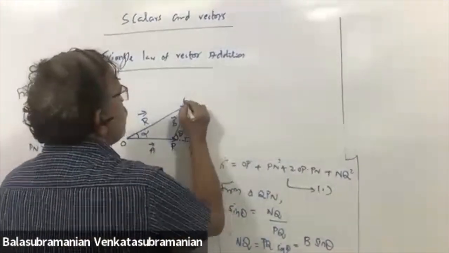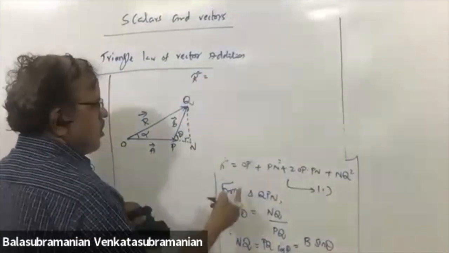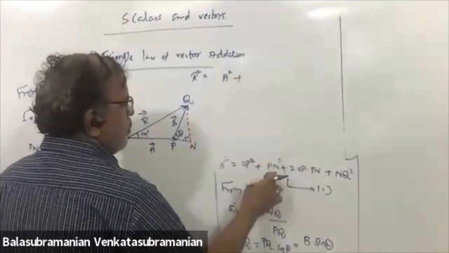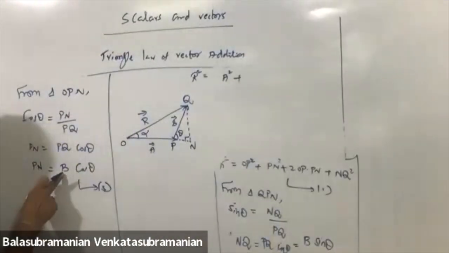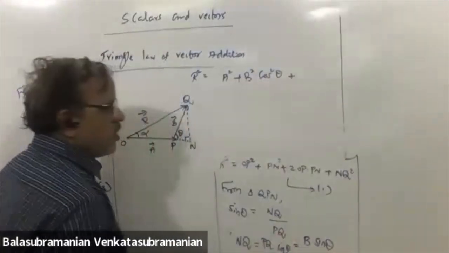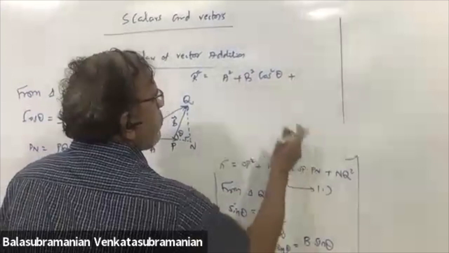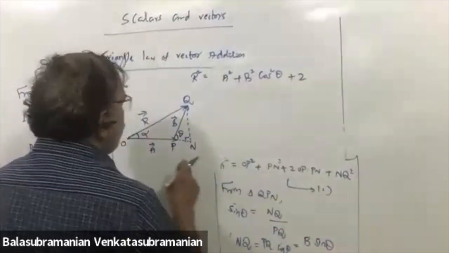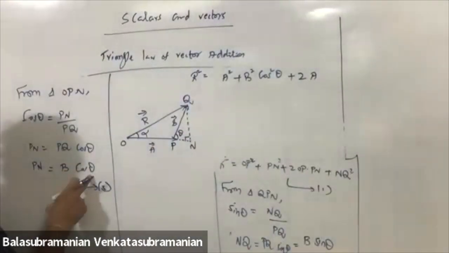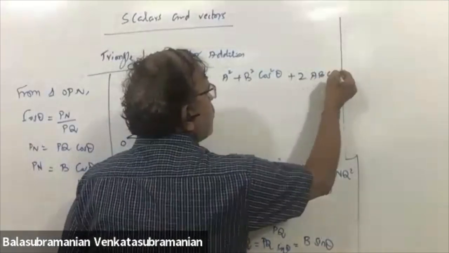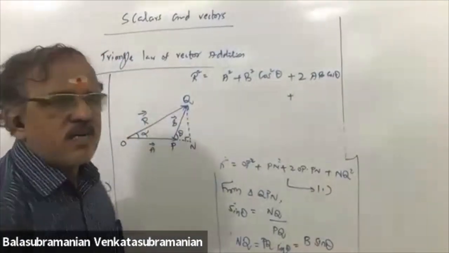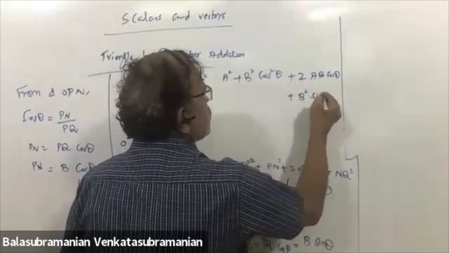R square is equal to OP square, OP is A square, plus PN square, PN is B cos theta, so B square cos square theta, plus 2 OP PN, OP is A, PN is B cos theta, plus NQ square. NQ is B sin theta, so B square sin square theta.